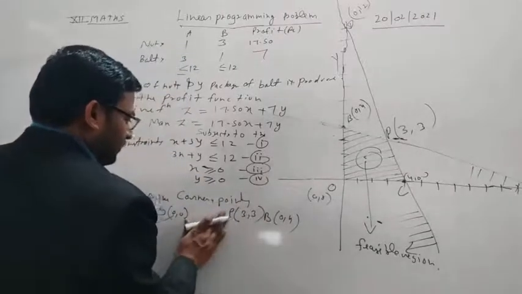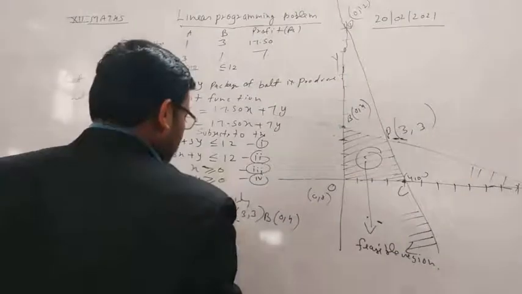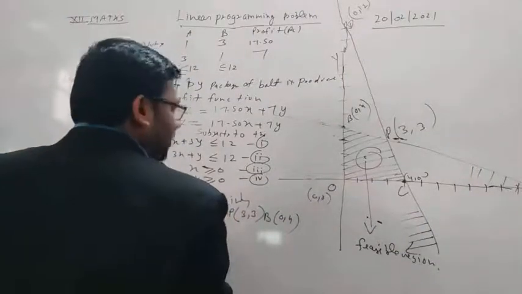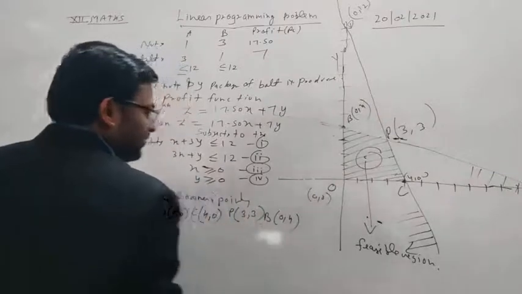A will not be a corner point. So O, C, P, B are our corner points. Okay, students.